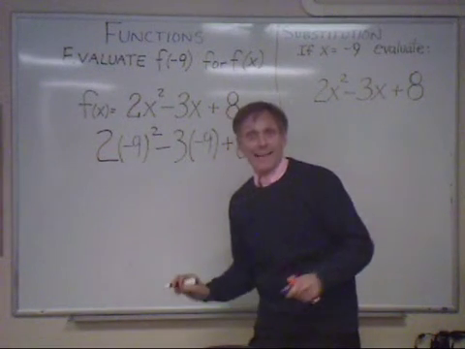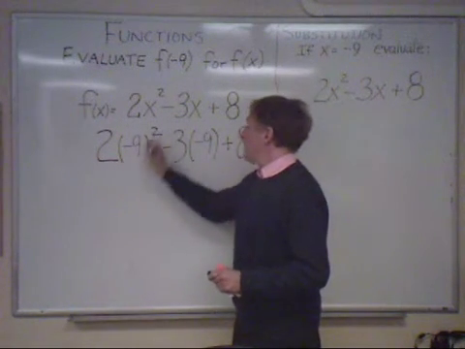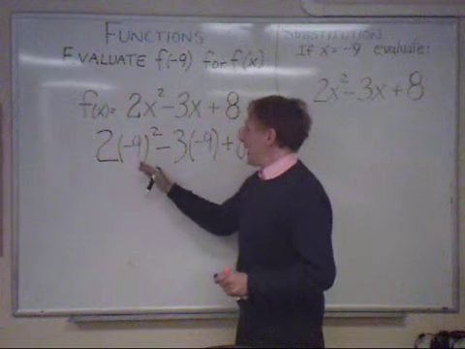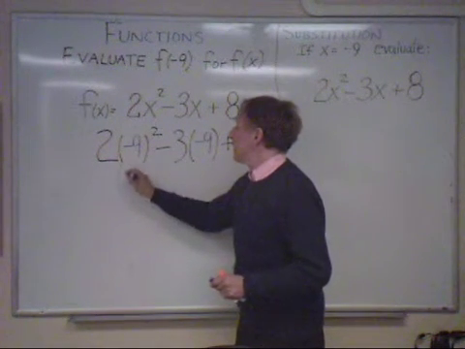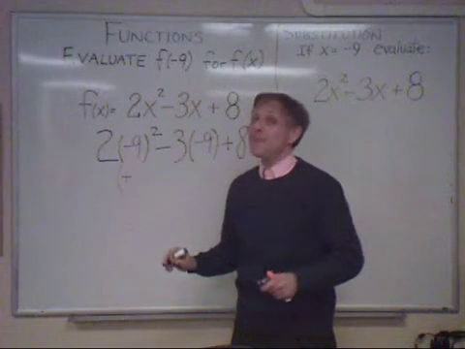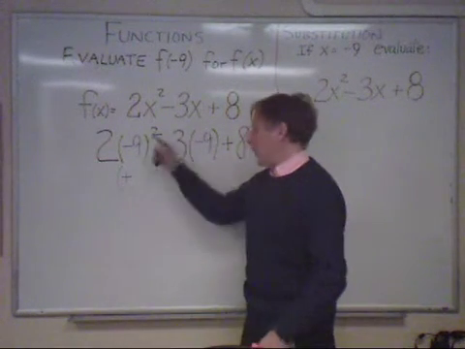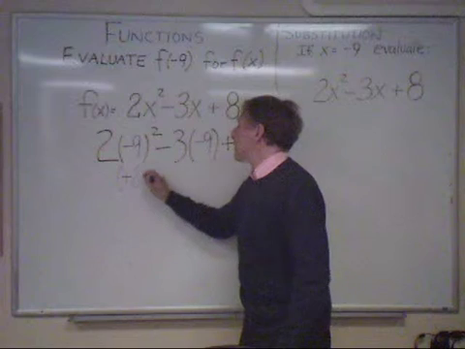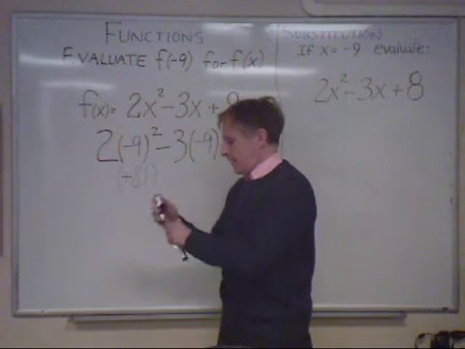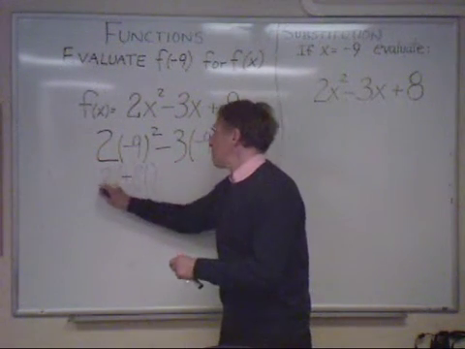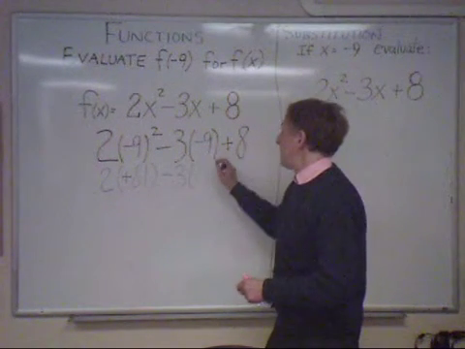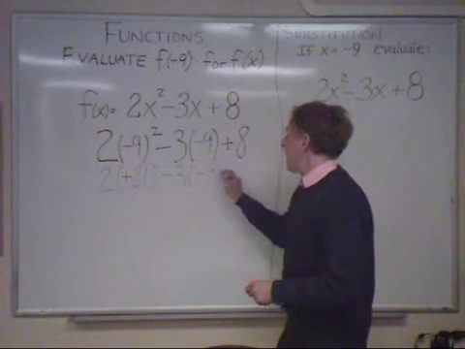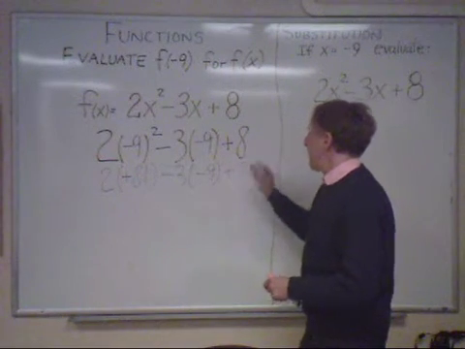Remember, we'll do the exponent first, so we have -9 times -9, and that's positive. Two negatives, when you multiply, when you square them, become positive. Positive 81 times 2 minus 3 in these parentheses -9 plus 8.